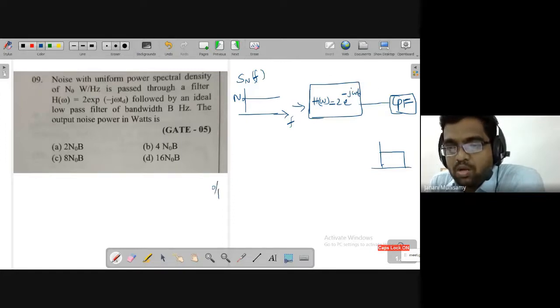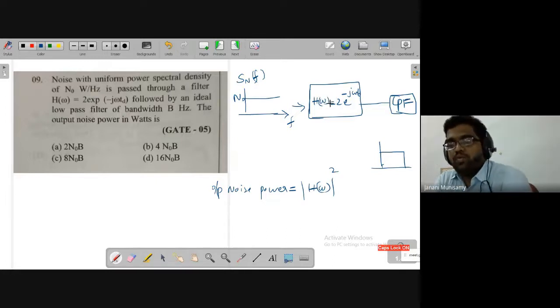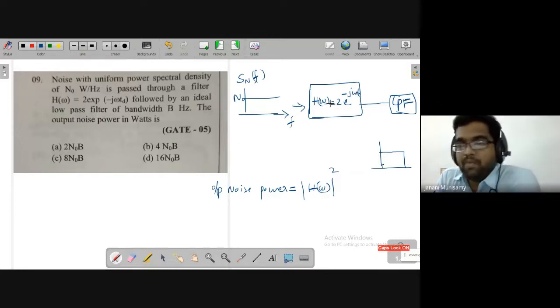So output noise power, please refer to the formula, is the magnitude of the system, just take the square, because the system is defined in terms of voltage. Instead of voltage, we have to find the power response. So just take the square, then multiply the input noise power.